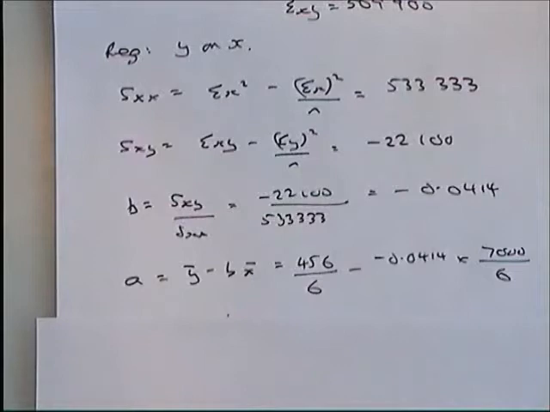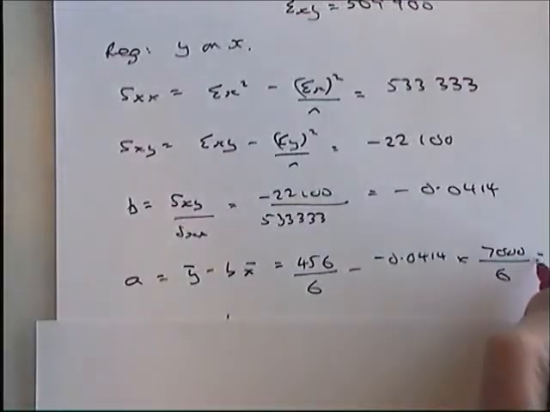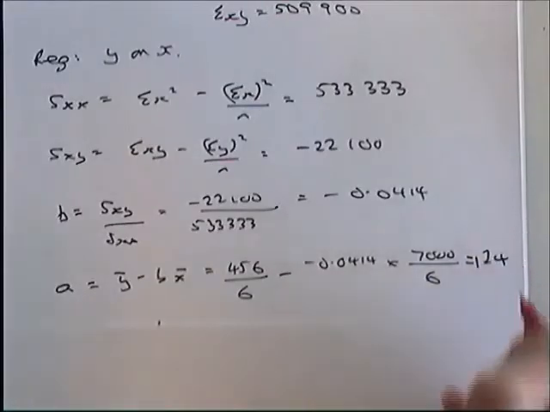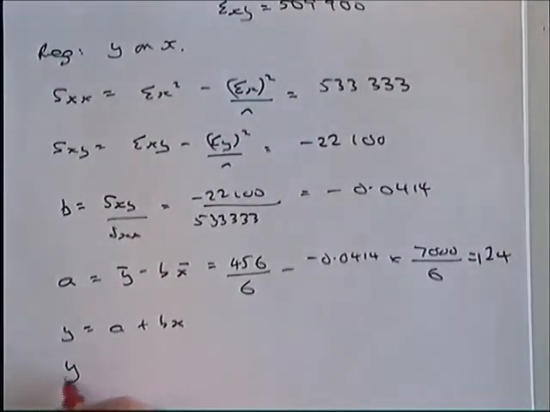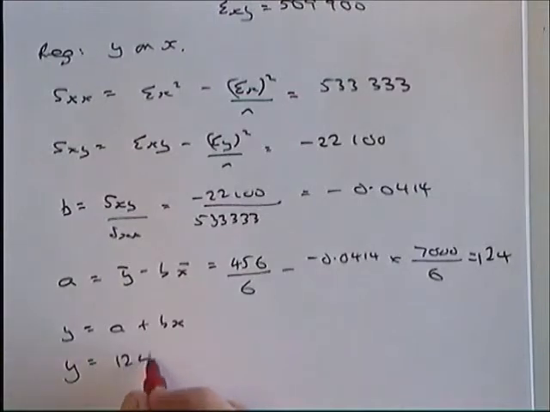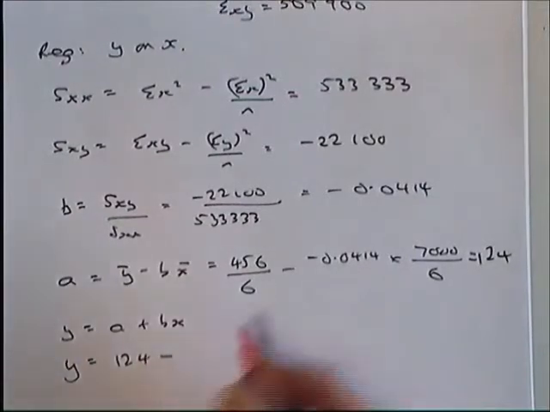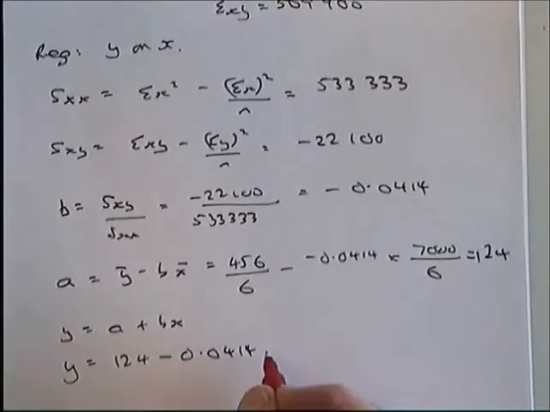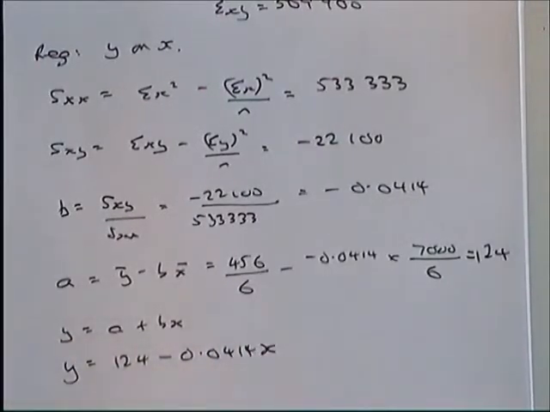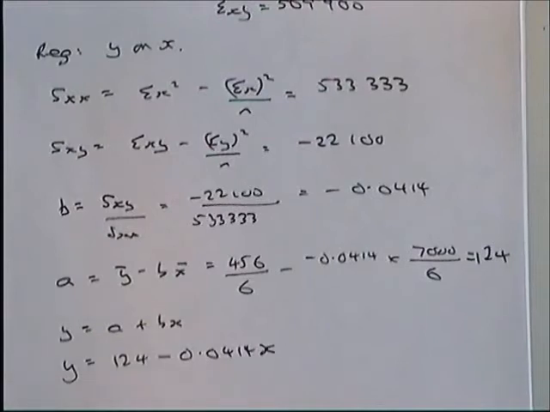And if you work out the value of a, you get 124. Then it's the case of substituting all of those values into your equation. So y is equal to a plus, well, it's a negative value, 0.0414x, and that is your regression equation for the first part of this question.